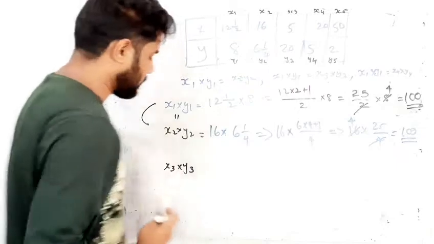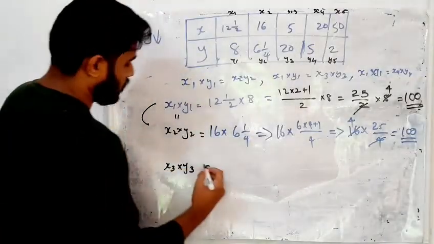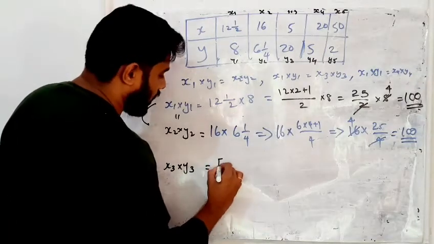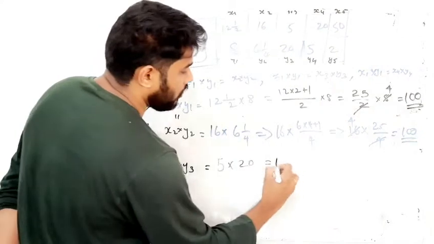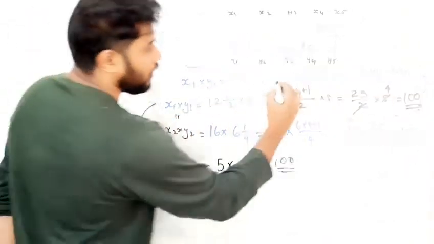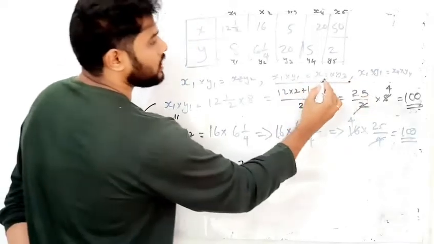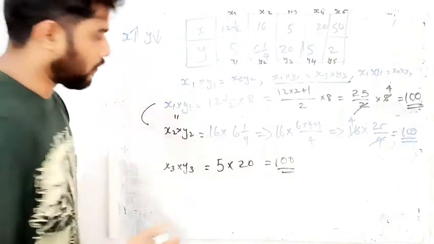Now the remaining we can check. x3 into y3 means how much? What is x3? 5 into y3, 25 into 20. That's also equal to 100. So x1 y1 and x3 y3 are also the same, 100, 100. So we can say this is also inverse proportion.